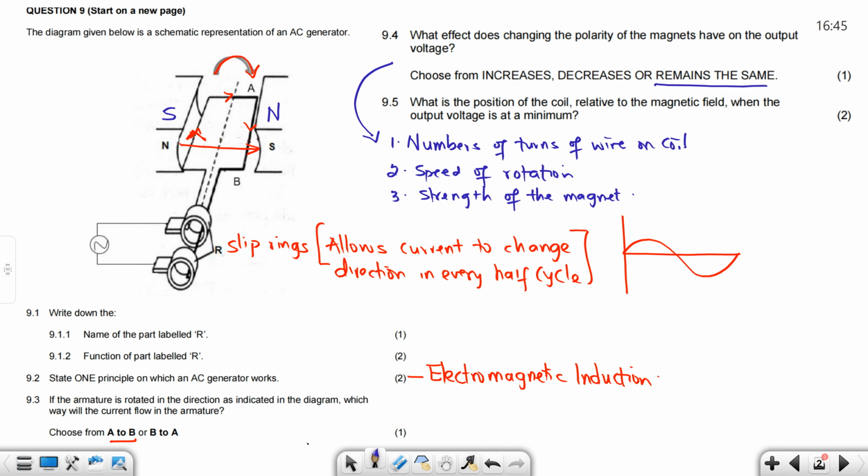Remains the same. Okay? What is the position of the coil relative to the magnet when the output voltage is at minimum? Look at this position. Let me just ask you, do you think we have maximum or minimum? This is maximum.